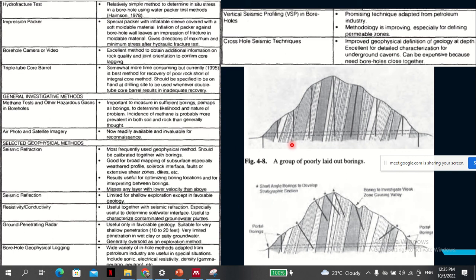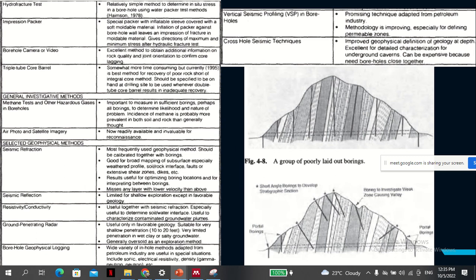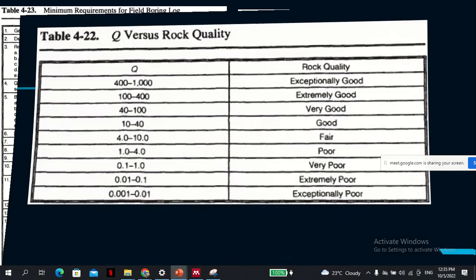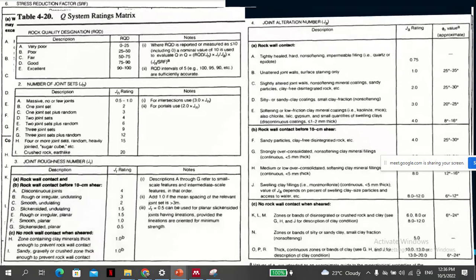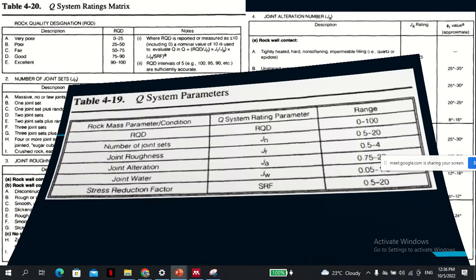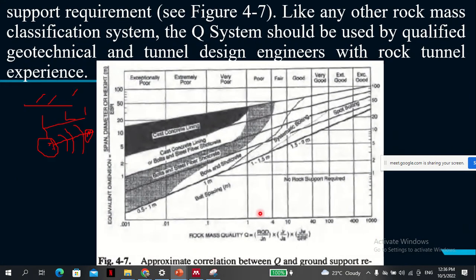And there's also a reference design chart, I think a very important figure 4.7, that will give you a quick design reference of how to design support based on the rock condition. So this table is quite important as well.